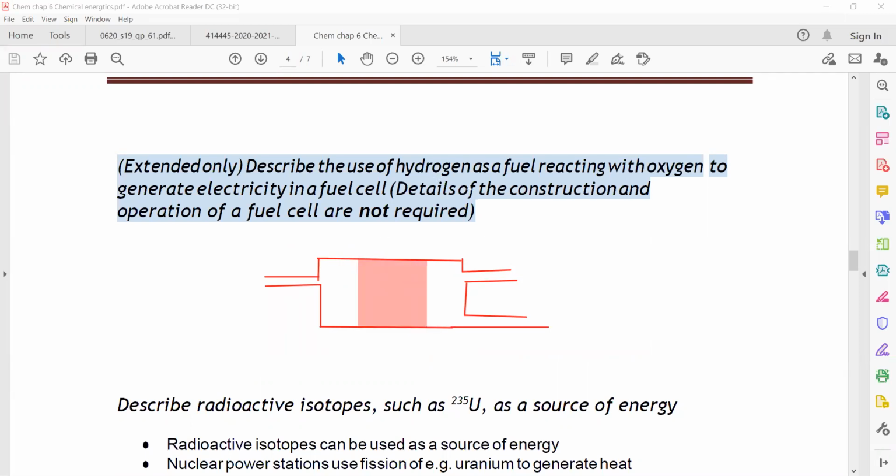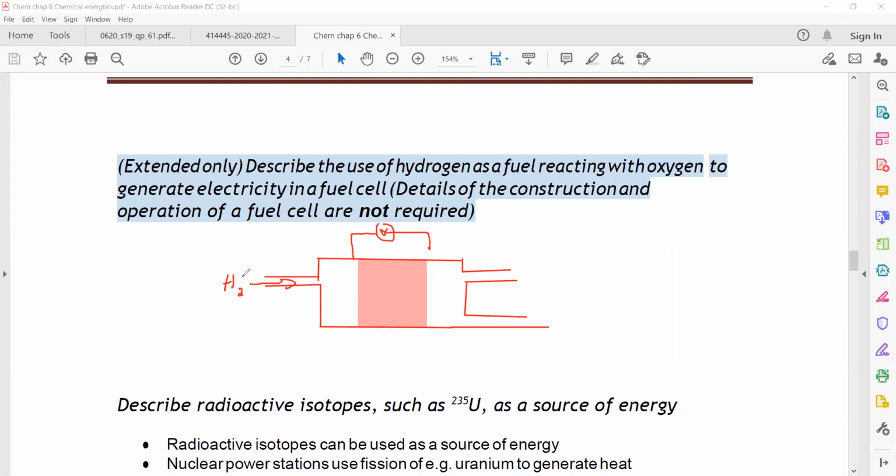But normally how a fuel cell works is not related to the exam point of view, this is just additional information. When hydrogen is added, this is called a proton exchange membrane. A proton exchange membrane can allow only protons to pass through.